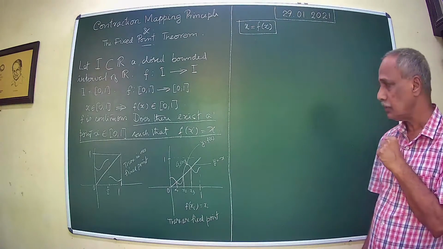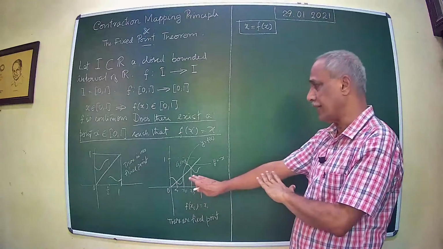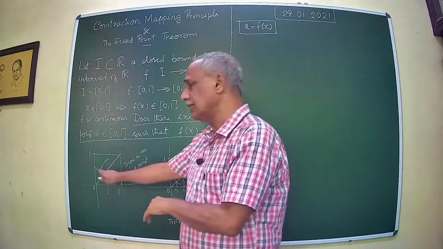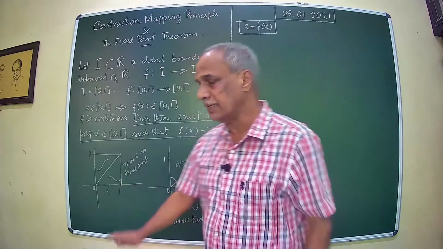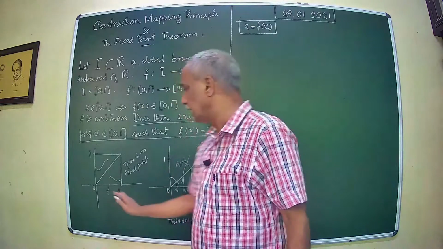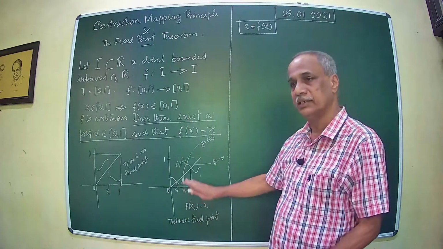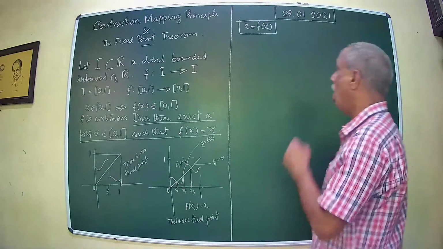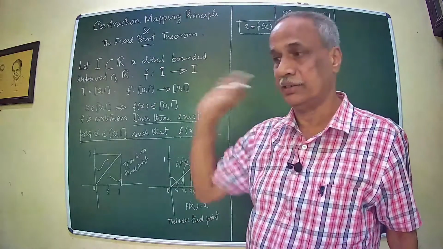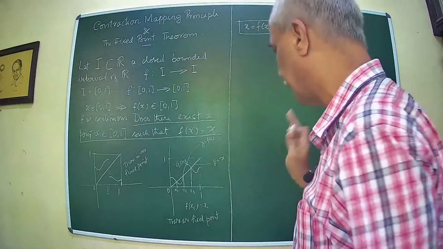Okay, we have seen two scenarios. One, there is a continuous function, and one, there is a discontinuous function. In the case of the discontinuous function, we have seen that there is no fixed point. In the case of the continuous function, there is a fixed point. That means there is a solution for this particular equation. So this is something that you bear in mind.